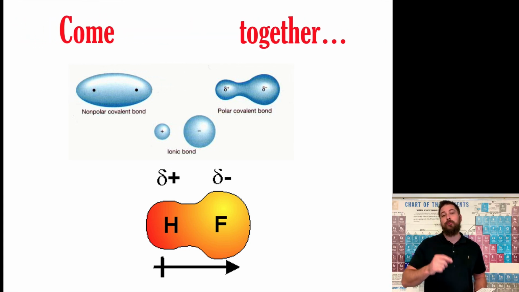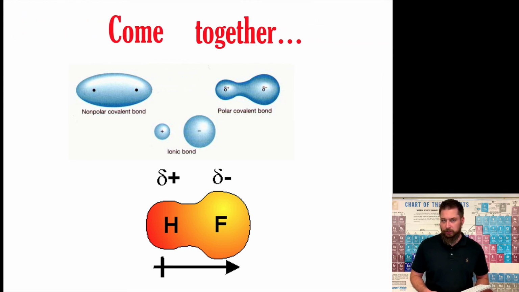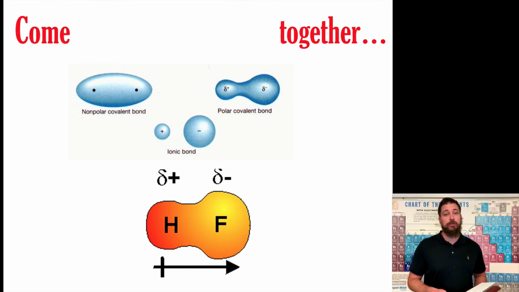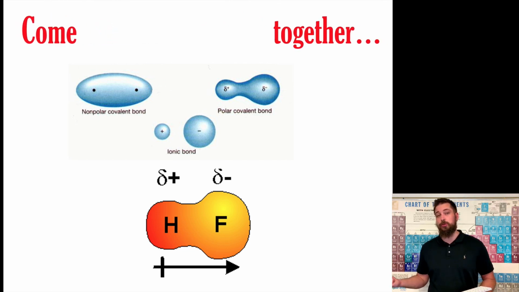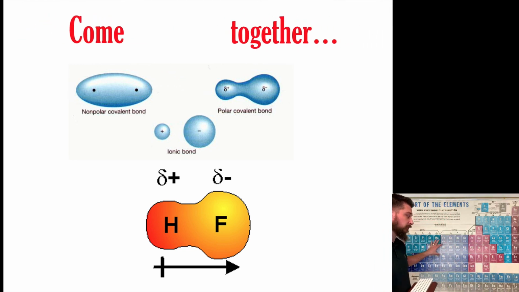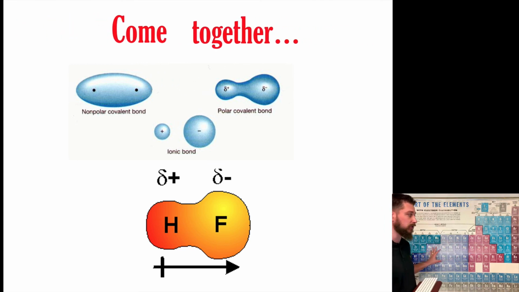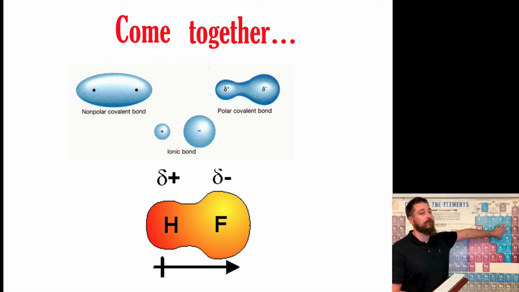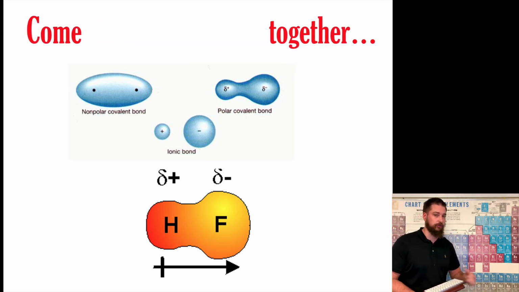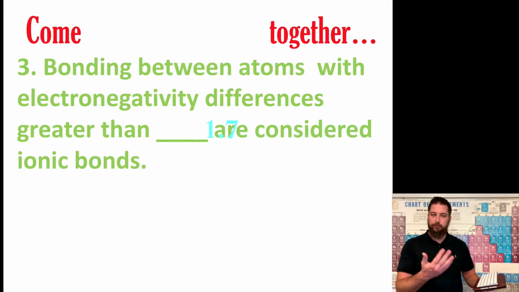And if we end up with a very large difference in electronegativity, that's where an ionic bond occurs, where the atom is so electronegative compared to the other one that it completely removes the electron, which makes sense because these over here tend to have low electronegativity. So metals tend to have low electronegativities, which is why non-metals, which have high electronegativities, are able to completely take away those electrons.